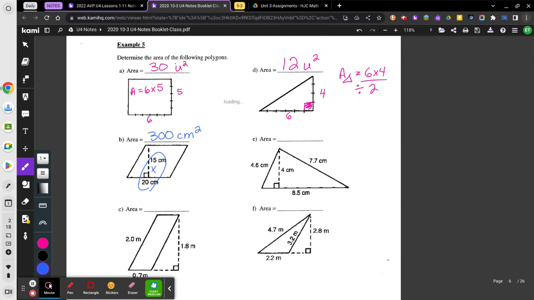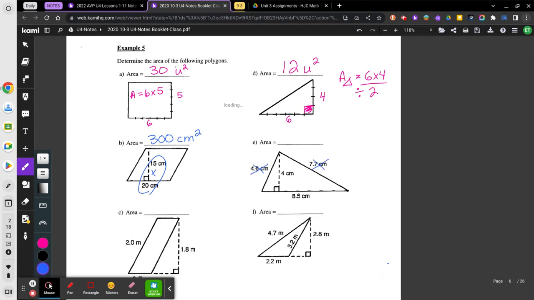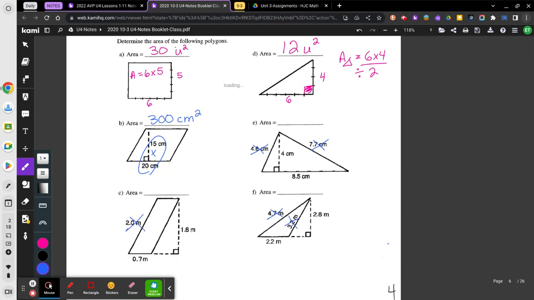Okay, on the next triangle, what makes it harder? They gave us all the diagonal lines. So we have to cross off the diagonal lines. We don't use them. Okay, so then now we're going to take the base times the height, because we have a triangle. We took all of those diagonal lines and we got rid of them.